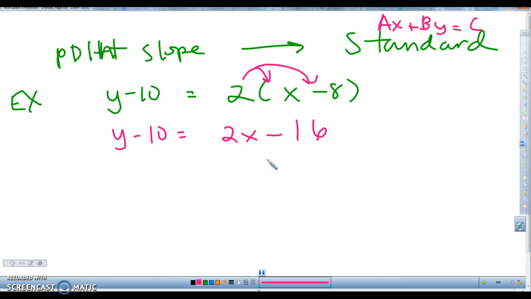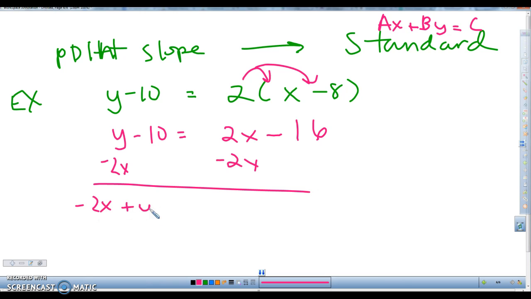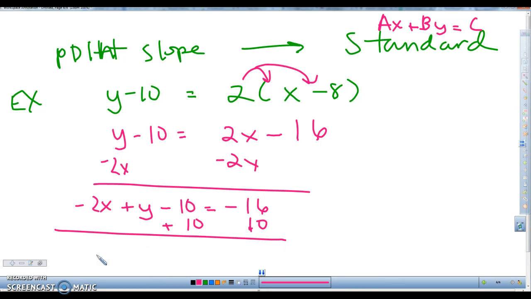X and y are on the same side, and all my constants should be on the other side. So I'm going to subtract this 2x over, so that I get negative 2x plus y minus 10 equals negative 16. And again, I said all my constants were on one side, so I add that 10 over. So I have negative 2x plus y equals negative 6.